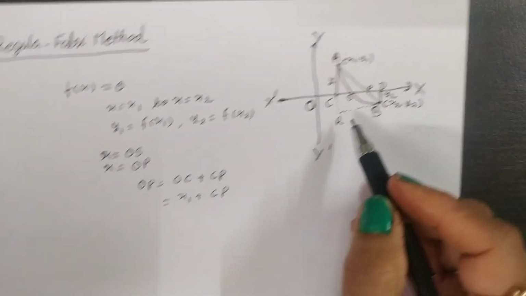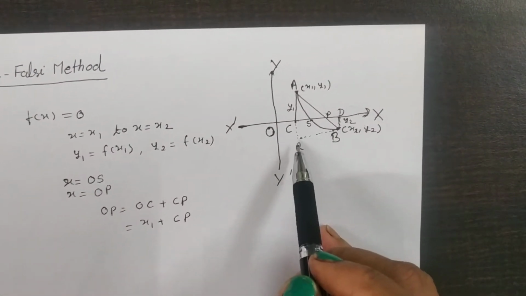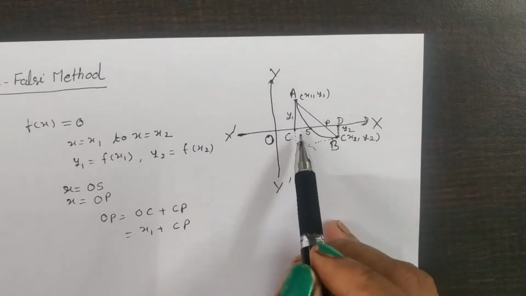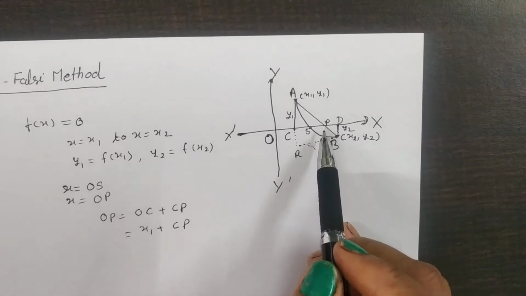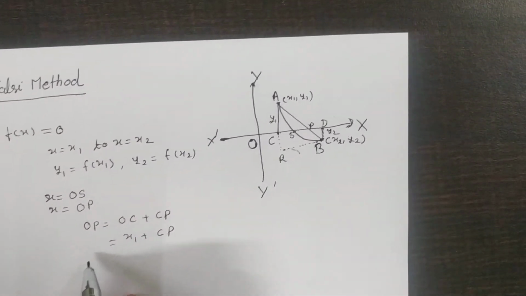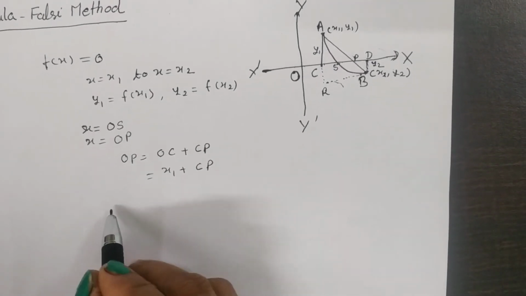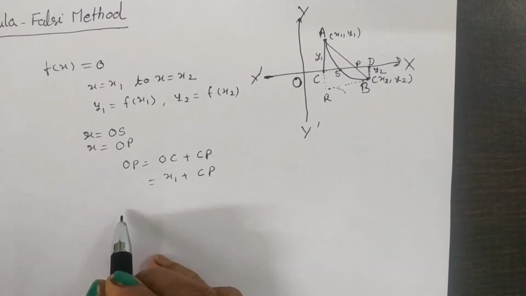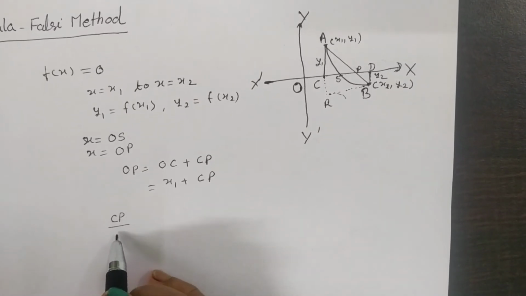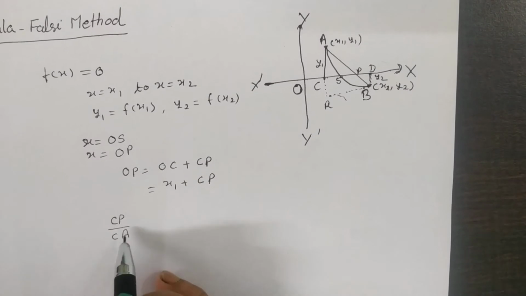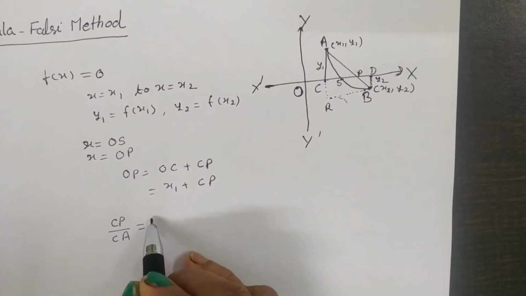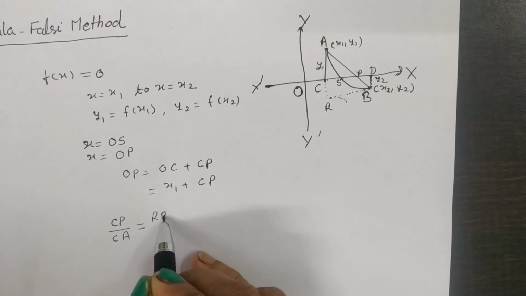From the triangles ARB and ACP, it is clear that CP by CA is equal to RB by RA.